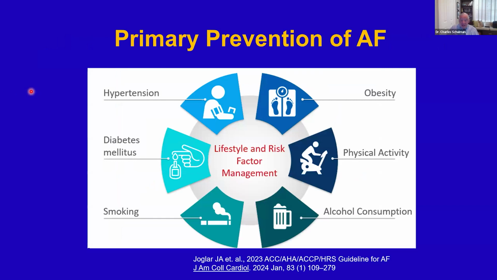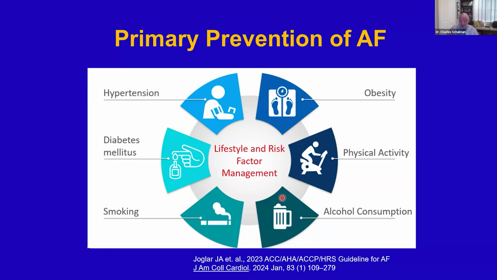So the guidelines suggest that we think about what they call primary prevention. These are people who do not have atrial fibrillation, but may have hypertension, diabetes, obesity, lack of physical activity, sedentary lifestyles, too much alcohol consumption, and cigarette smoking.